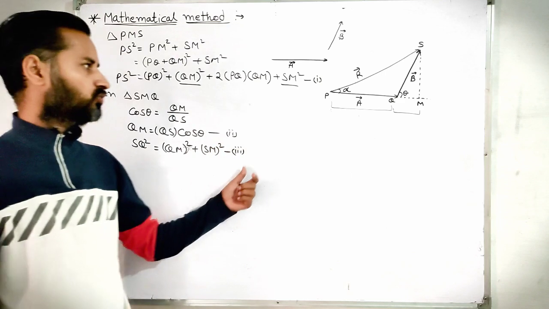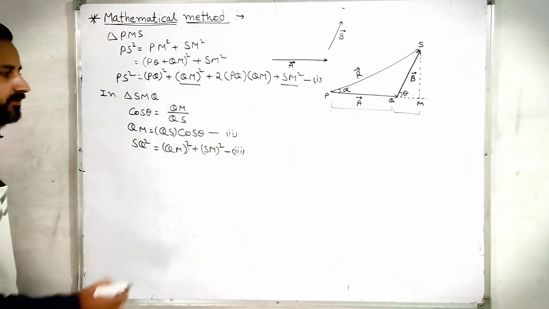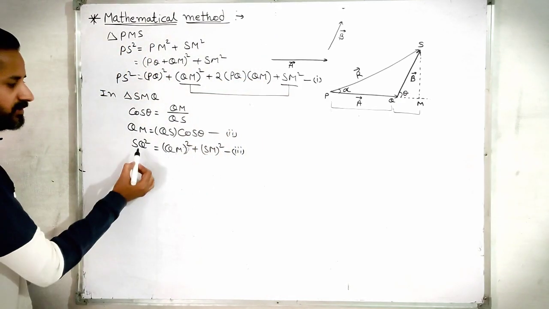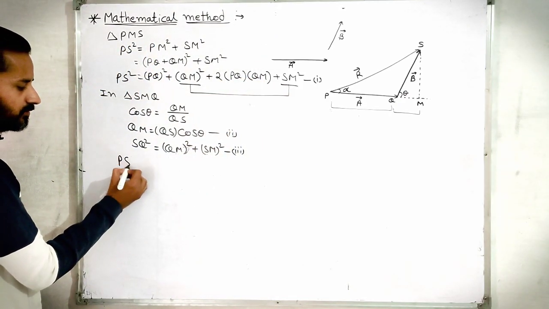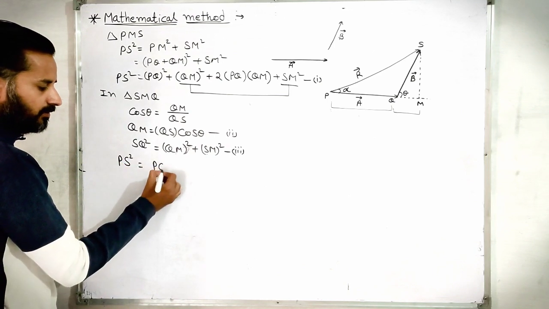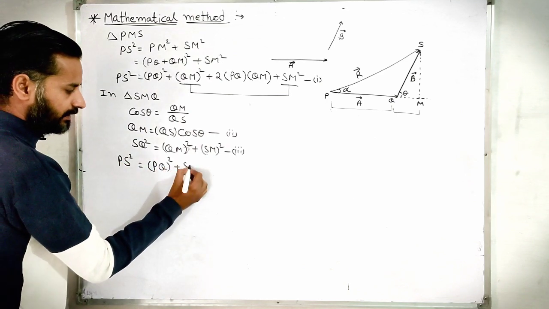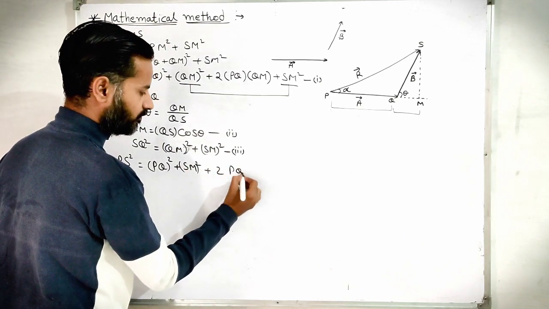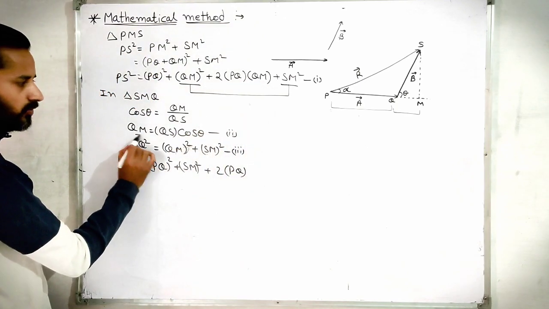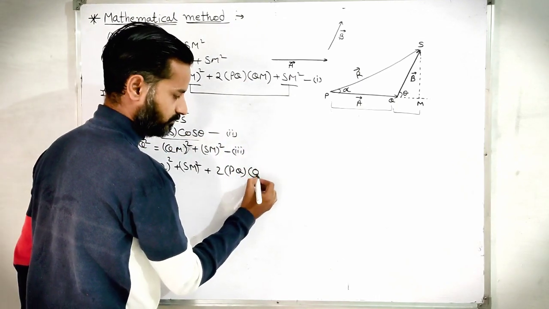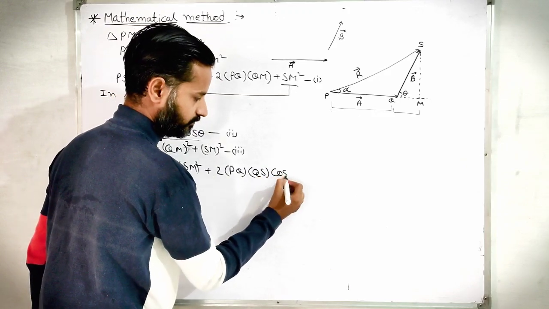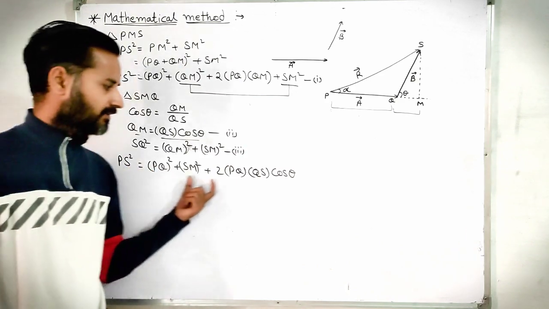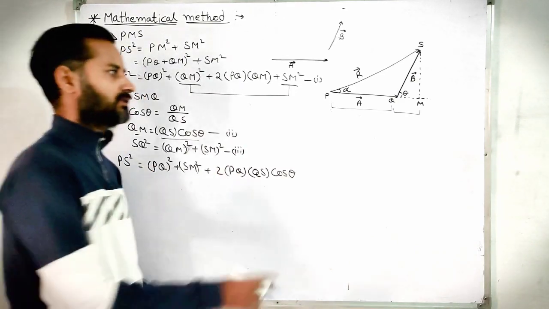Now use equation 2 and 3 in equation 1, and what we get? QM square plus SM square will be equal to SQ square. So this will be SQ square plus 2 PQ, and this QM will be QS cos theta. Now just simply write the value of this length PS.